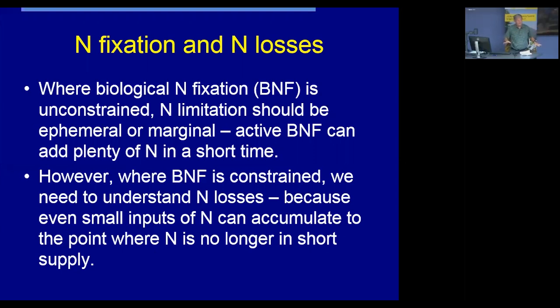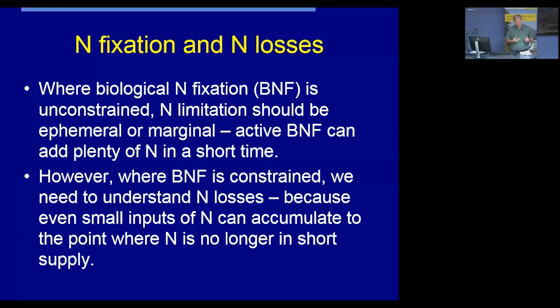Right? That's able to add enough nitrogen to make systems not limited by nitrogen. But in systems where nitrogen fixation is constrained, you're still getting nitrogen into the system through rainfall and atmospheric deposition.